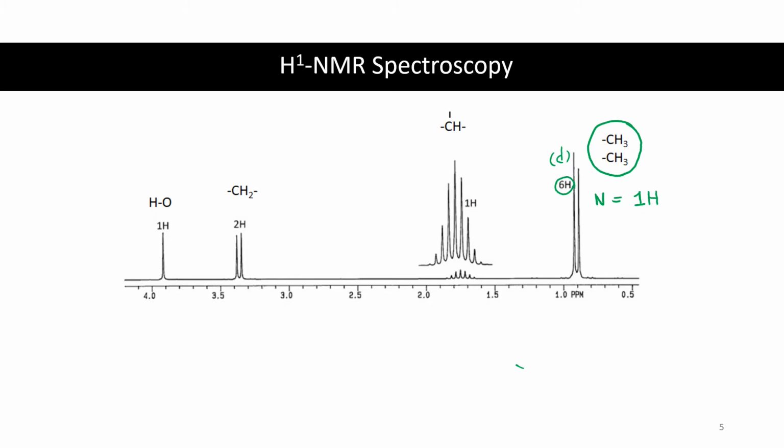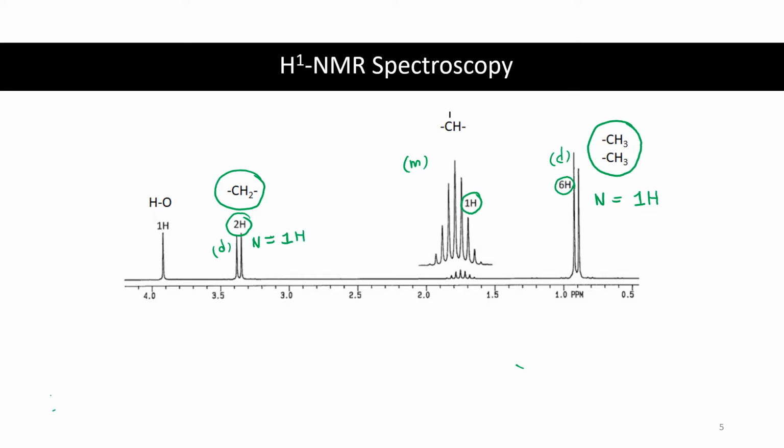And over here we have a multiplet that represents just 1 hydrogen, so it's probably a CH group, and it has a whole bunch of protons on its immediate carbon neighbors. Then over here we have 2 hydrogens represented, which is also a doublet. So it would indicate this must be a CH2 group, and its neighbor has only 1 hydrogen.